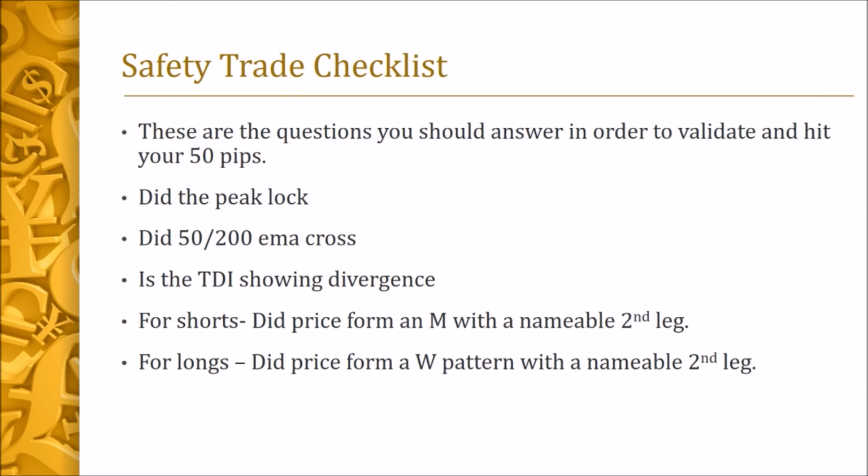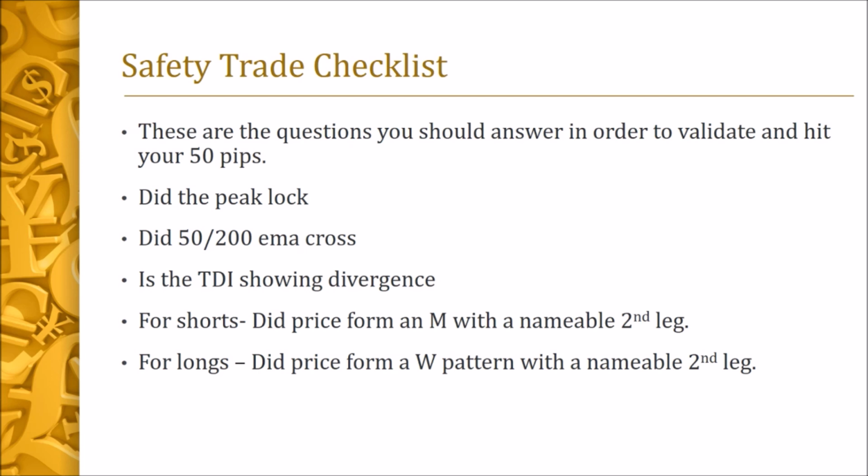Here is the safety trade checklist. These are the questions you should answer in order to validate and hit your 50 pips, probably every day. Number 1, did the peak lock? Did the 50 200 EMA cross?